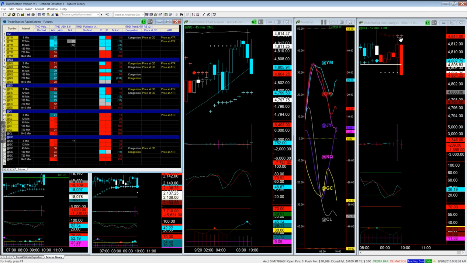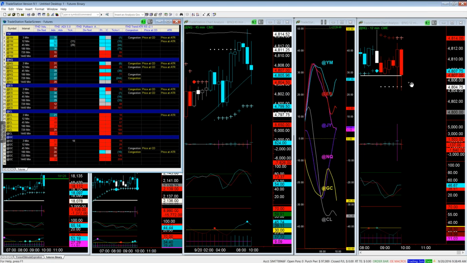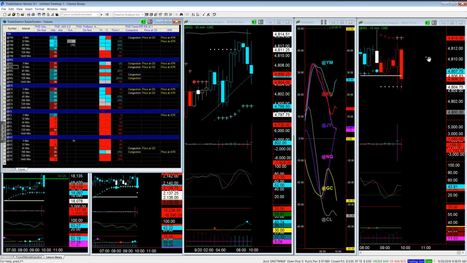And if you see this, it's white, that tells me I'm close enough. Or if you're at the CD or the congestion dot, then you can trade that. But otherwise, you better stay out of it. If it's in the middle, stay away from it. It is a congestion zone.